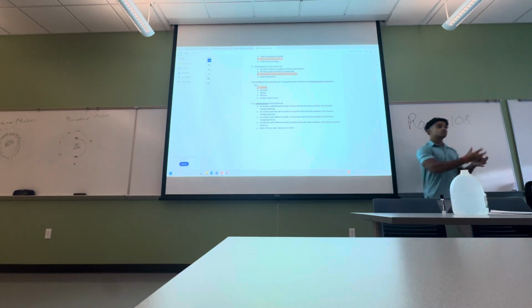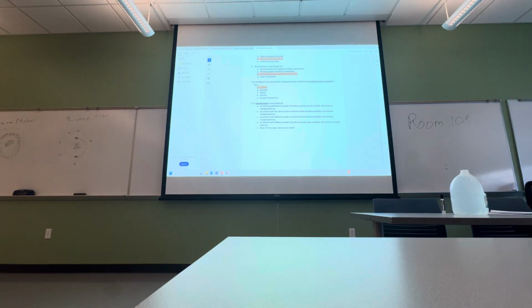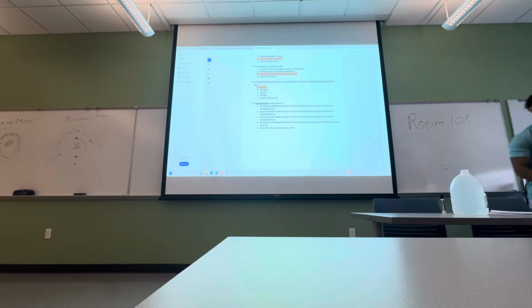And so sometimes when you lose or gain neutrons, the element can become unstable. And then all of a sudden you start releasing protons, or you start releasing electrons or energy from those things. And then that causes radiation. We talked about alpha, beta, and gamma radiation. That was the definition of a radioisotope: an element with a different number of neutrons that becomes unstable and releases charged particles.